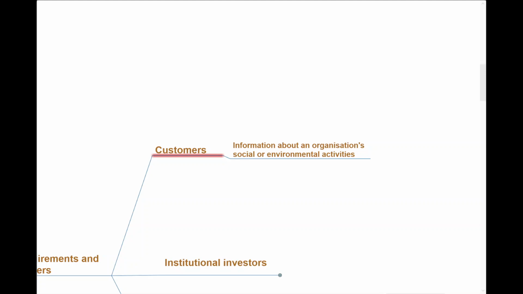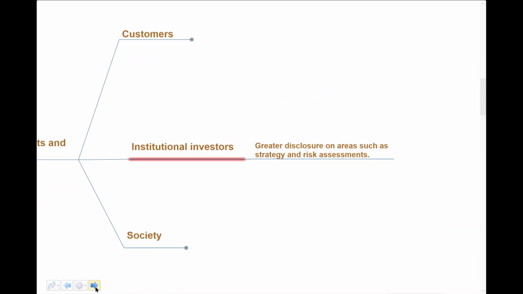This is key information. Broadly speaking, in the last 20 to 30 years, the public, customers, just about everyone has become more and more informed about the impact of organizations on a variety of different areas, of which social and environmental is just one. What about institutional investors?